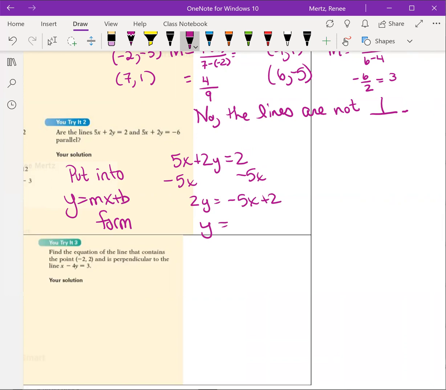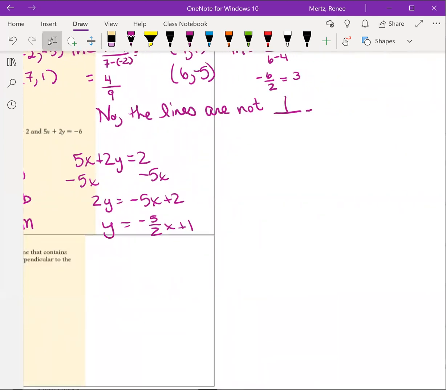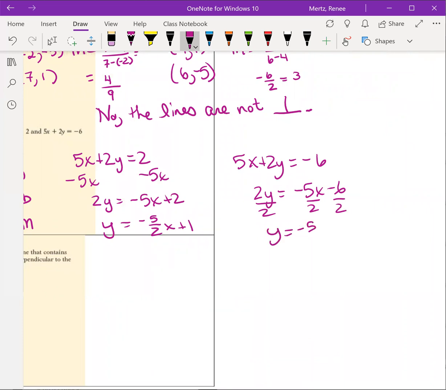I get y equals negative 5/2 x plus 1. I'm going to do the same thing on the next one. 5x plus 2y equals negative 6. So I get 2y equals negative 5x minus 6. Divide by 2. y equals negative 5/2 x minus 3.